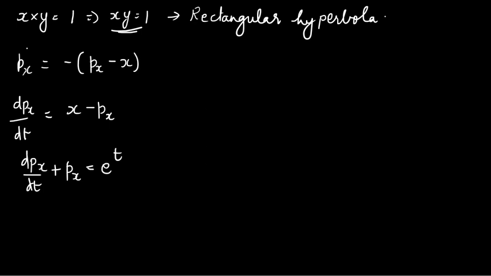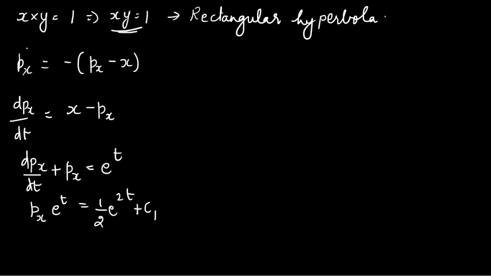I have substituted what is x. I know x to be e power t. So on simplifying this, one gets the value as, so this is a constant of motion.